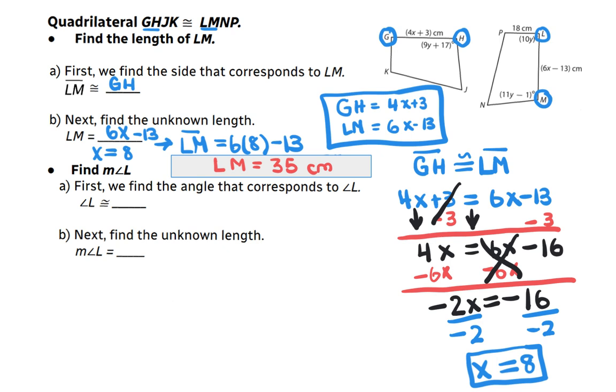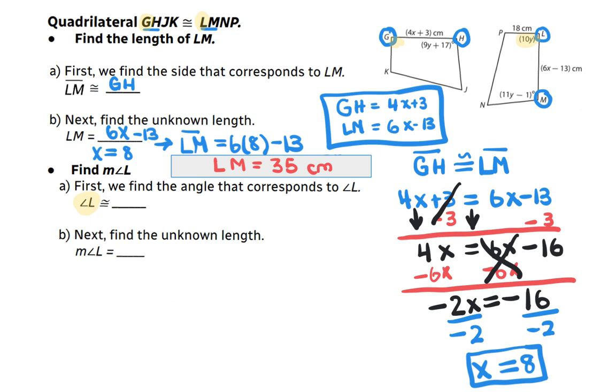All right? Now, let's set up and determine what the value of the angle is for L. So we know that the angle L is equal to the angle G. We don't know what that value is, but we see that L is 10y.